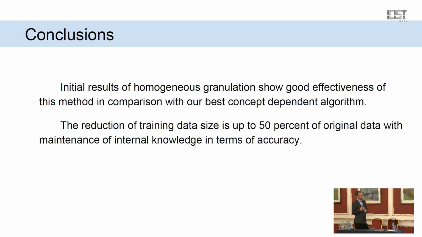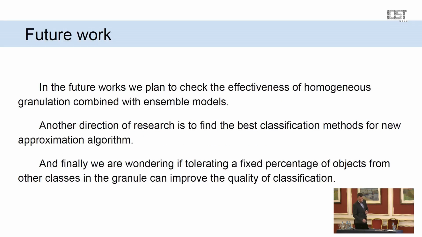So the results are the same if it comes to accuracy and data size reduction, but the time needed to perform the computation is slightly smaller, but we have not made any particular measurements, and we are planning to do it in the future.